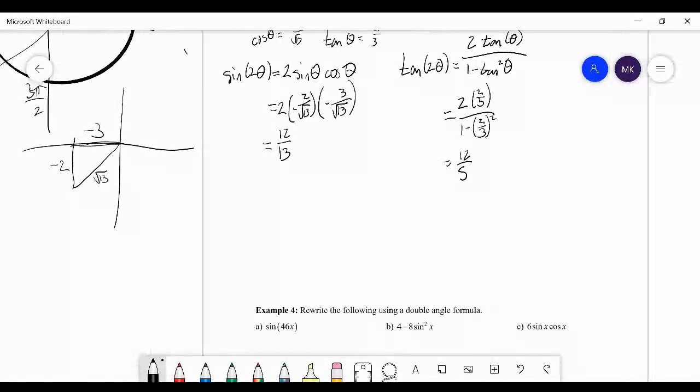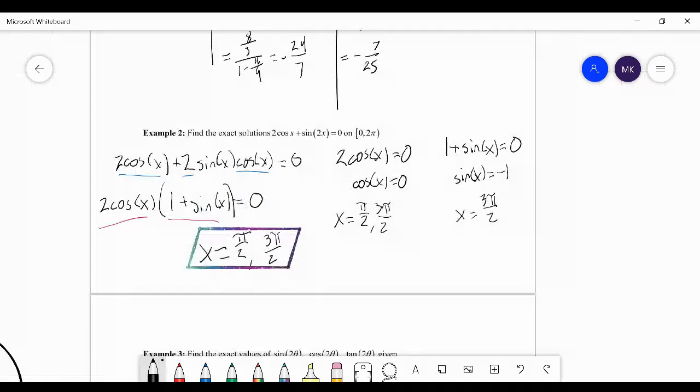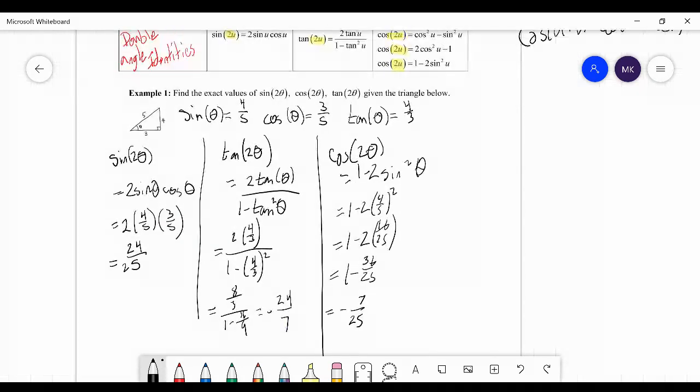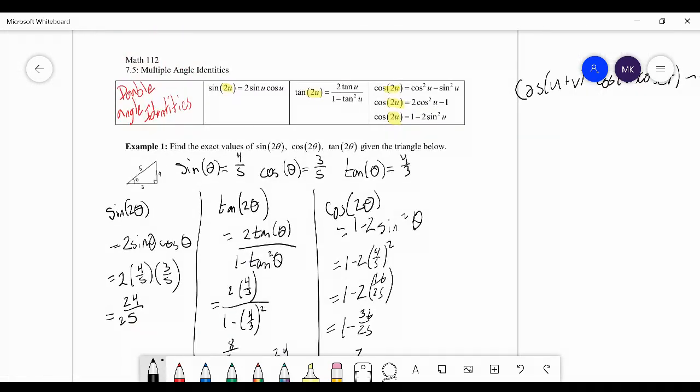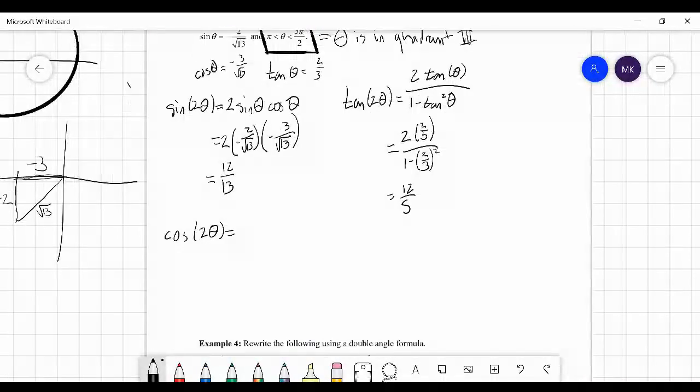Last but not least, cosine 2 theta. Now, last time we did cosine, we decided to use the version that was, let's go up here, 1 minus 2 sine squared theta. Let's just use the very first one, cosine squared u minus sine squared u. Okay.